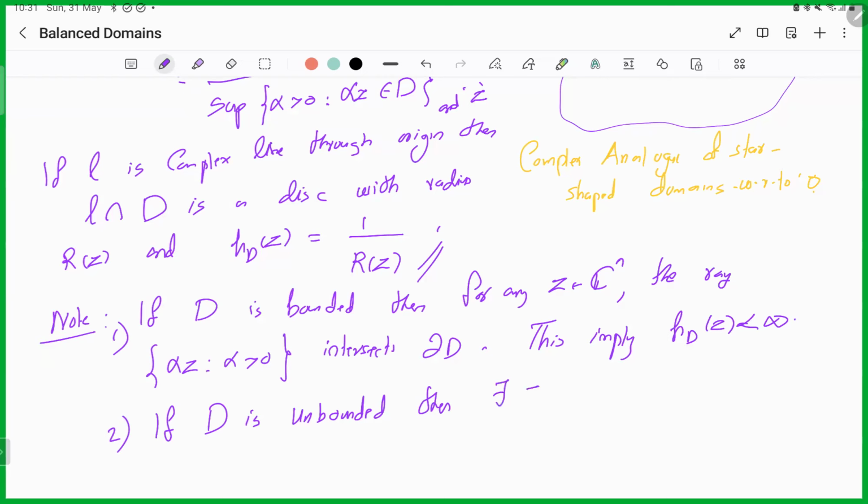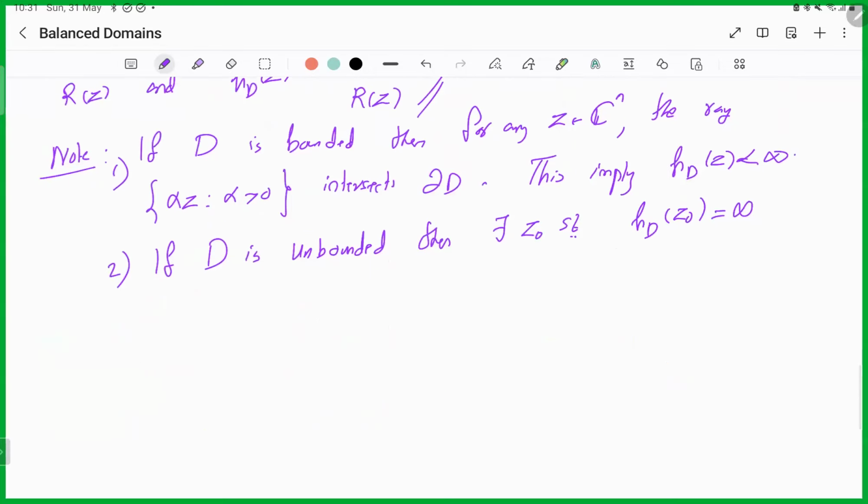There exists some z such that the ray alpha z, alpha greater than 0, does not intersect the boundary.